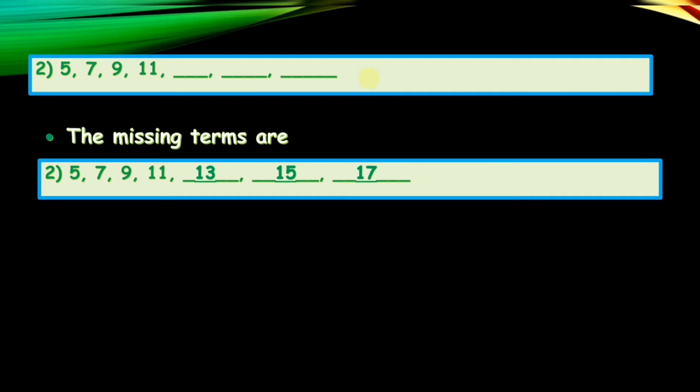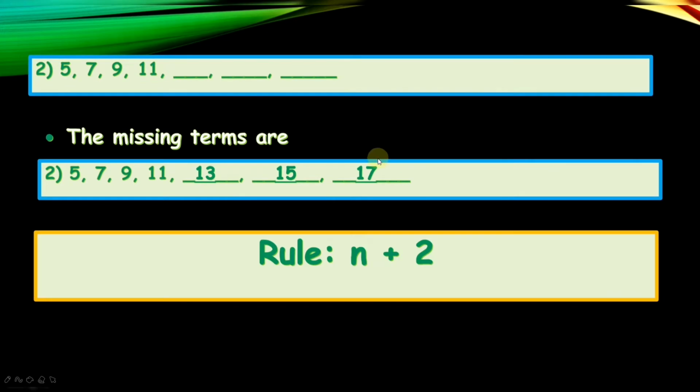Another problem: 5, 7, 9, 11, blank, blank, blank. What do you think are the missing numbers on the blank? So let's find out. The missing terms are 13, 15, and 17. So how did we get the 13, 15, and 17? So it says here the rule is n plus 2.